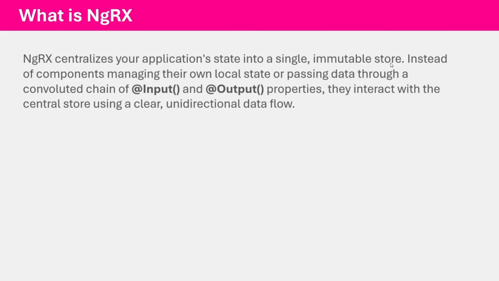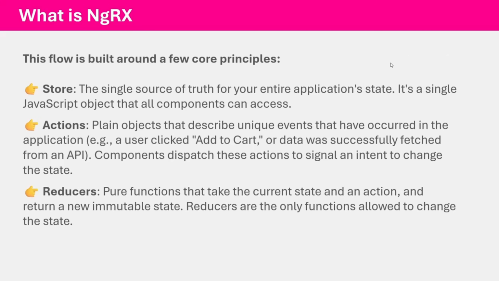Now, when we use NgRx for state management in an Angular application, it uses a few core principles. First, we talked about the store. The store is the place where all the state of the Angular application will be kept. Remember that in this store, we only keep those states which are global states, which can be used in multiple components. If we have a state which is created and used in a single component, and it is not being used outside of that component, then we don't need to keep that state in this store.